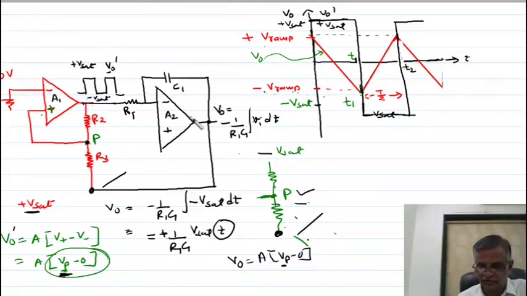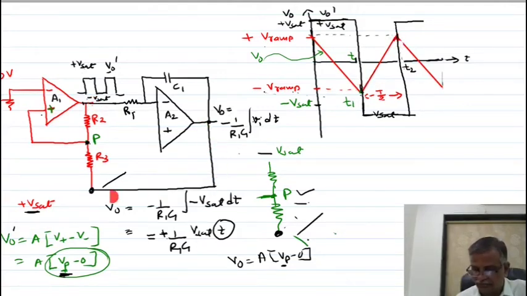Last time this is positive, output will be negative ramp. It is given to here at time T1, this voltage is slightly less than 0. As a result, output will change from plus Vset to minus Vset. So output will be positive ramp.